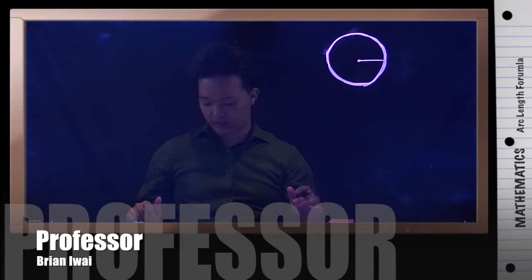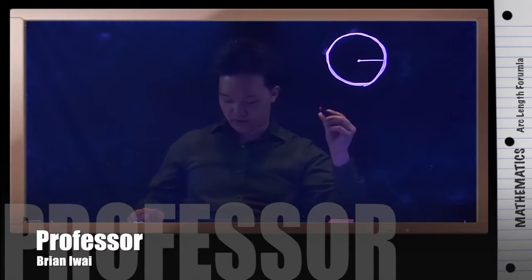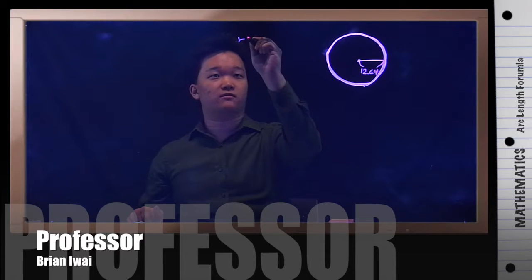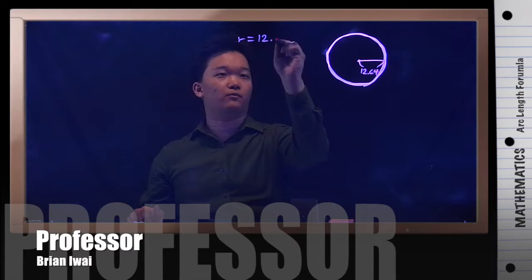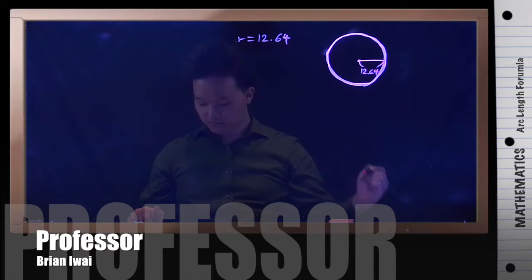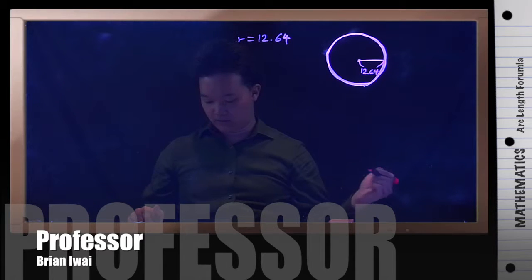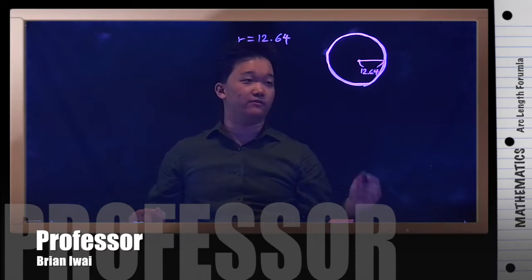So in this problem, we're going to be trying to find the length of an arc given that the radius is 12.64 inches. So that's referring to this part, 12.64. And I'll write just right here, r equals 12.64. And the angle, the central angle, is 150 degrees.